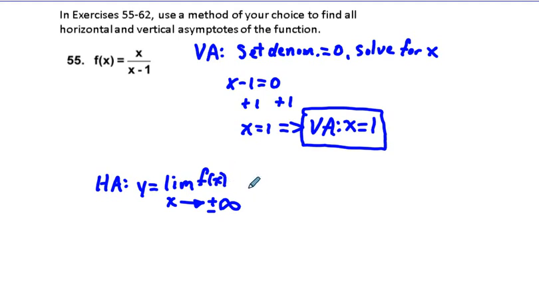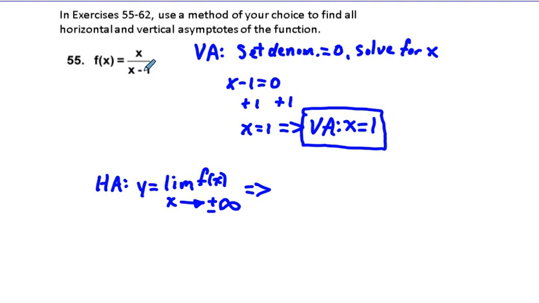And the way we find this is you take the ratio of the highest powers of x, both in the numerator and in the denominator, and any lower powers you ignore.